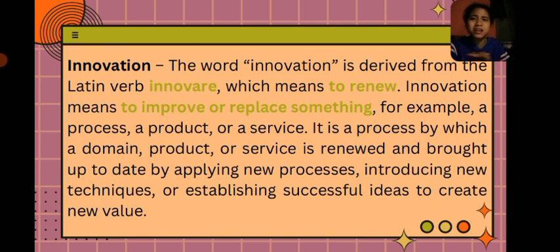Dili lang magpabilin na stagnant, or dili lang magpabilin nga karaan. So this is to introduce new or advanced technologies.